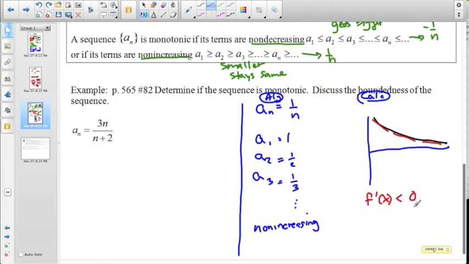It's going to be negative. And if we do have that situation where it stays the same, then a value that stays the same has a derivative equal to 0. So we can take a look at it using a calculus approach as well.